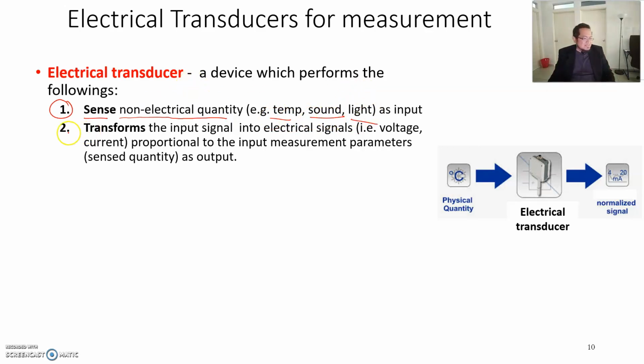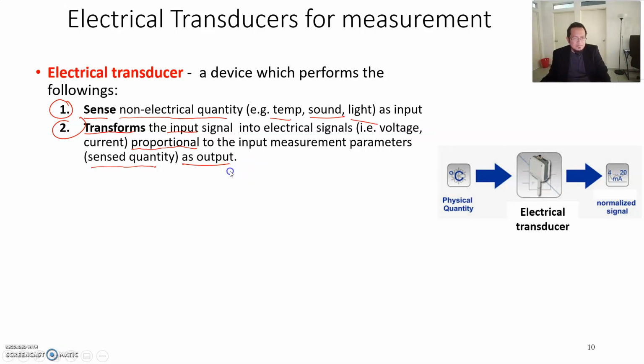Okay, and secondly, it will transform the input signal into an equivalent electrical signal, which is voltage or current, proportional. This keyword is here, proportional to the input measurement parameter, sensed quantity, as output. Okay, so the greater the input, probably the greater the output.